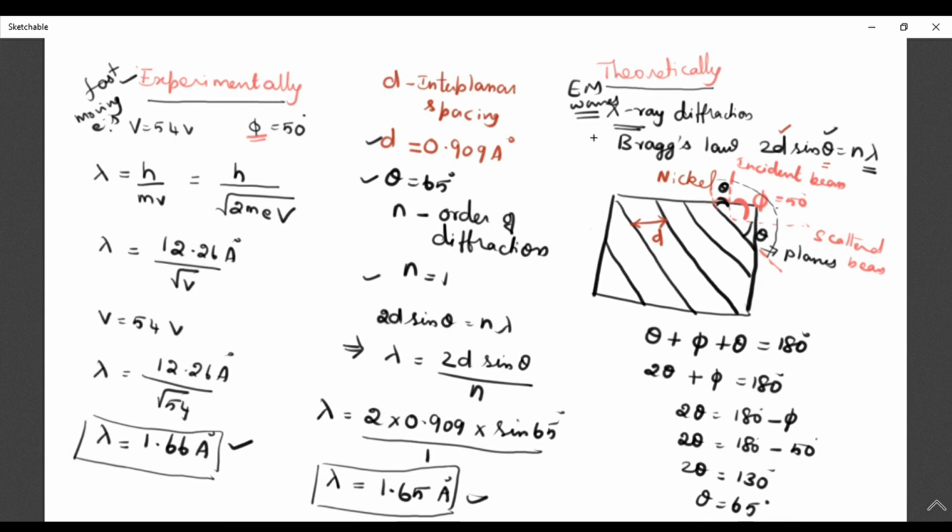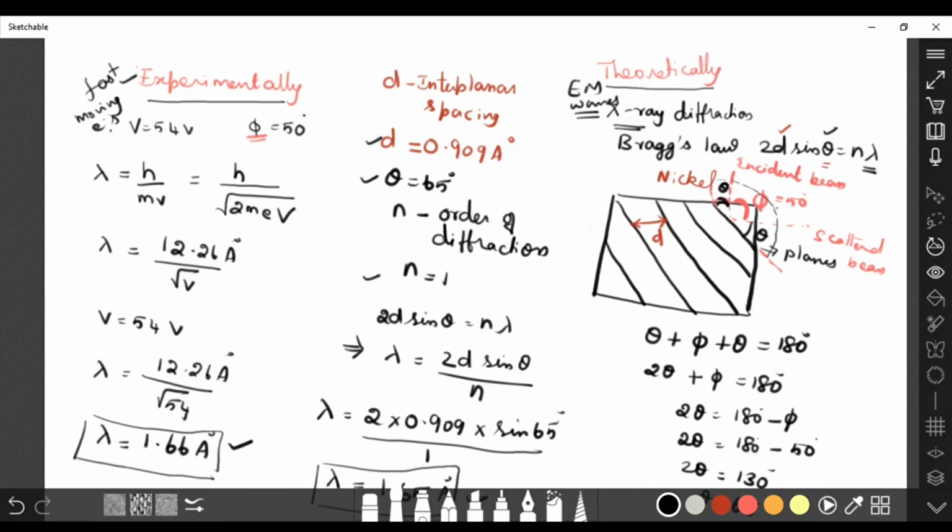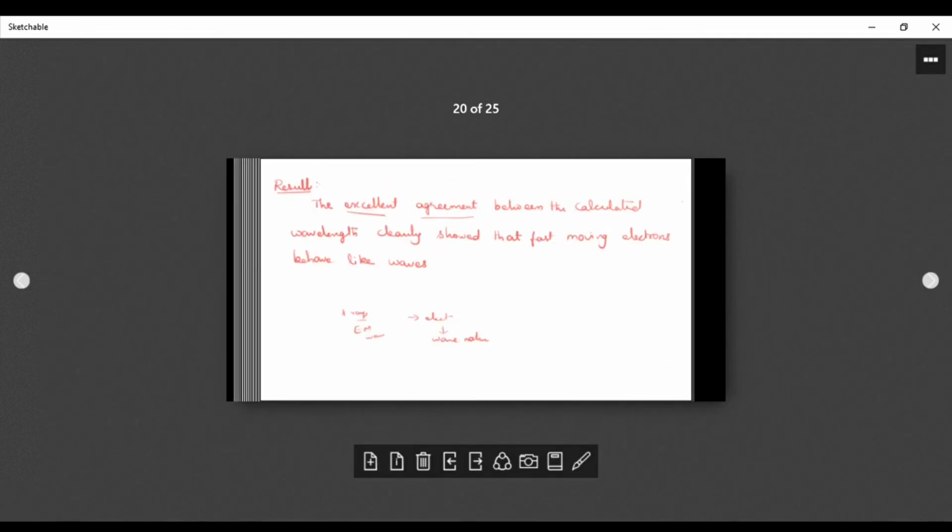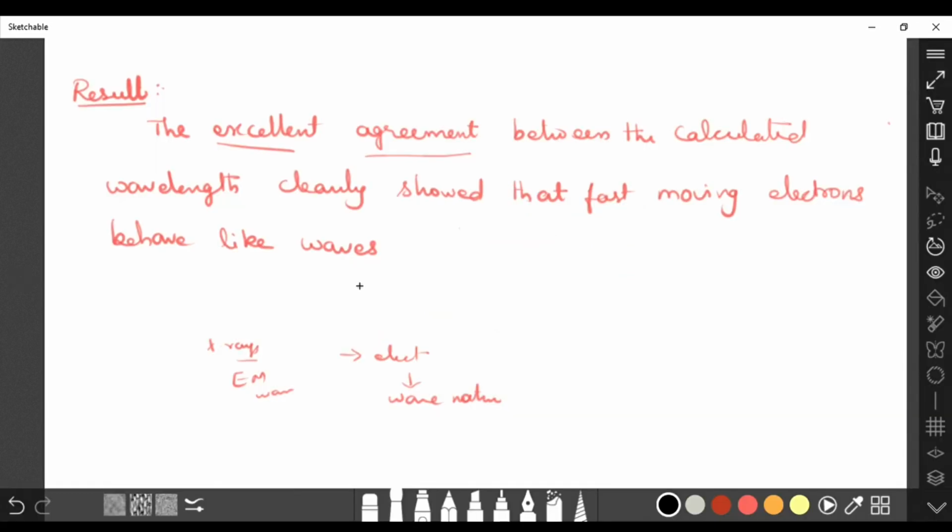That is the result of this experiment. We have calculated both wavelengths, and the excellent agreement between the calculated wavelength theoretically as well as experimentally clearly showed that fast moving electrons behave like waves. X-rays are electromagnetic waves, and the fast moving electrons also show the same behavior. That is the reason we proved this.